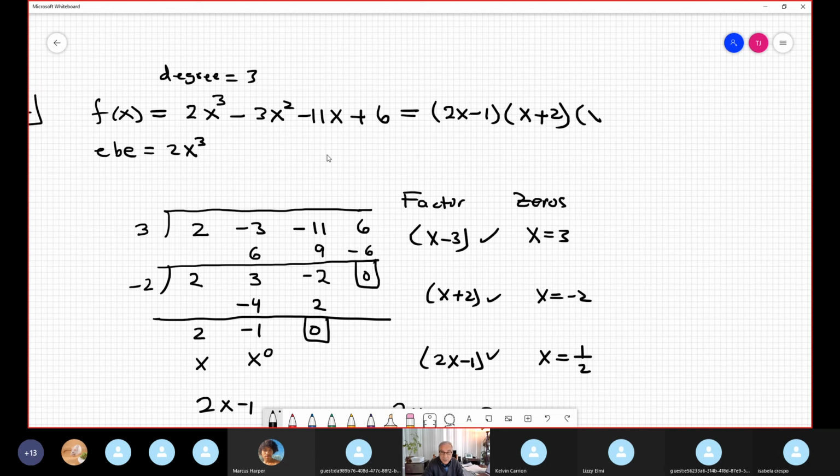I guarantee you 100% because when you FOIL this, you expand this, you come back to this. This is a fantastic idea, without the regular way to do the factorization that we study in elementary algebra. And the list of the zeros is 3 positive, -2, and +1/2. End of the story.